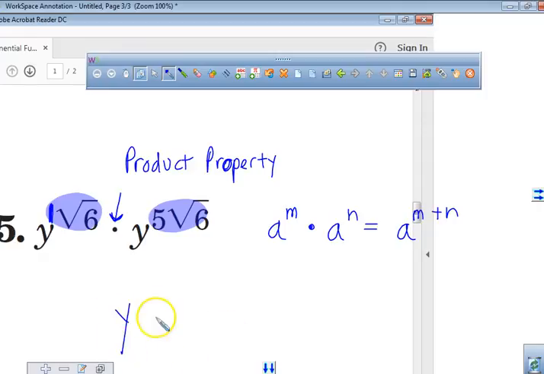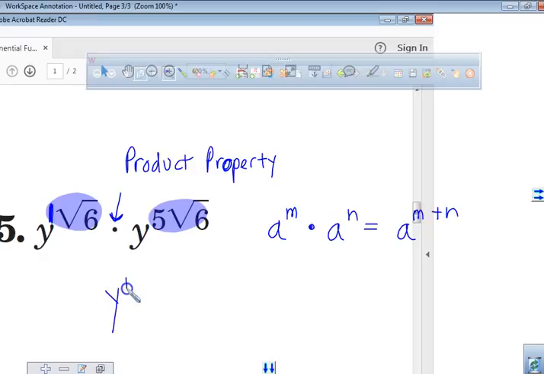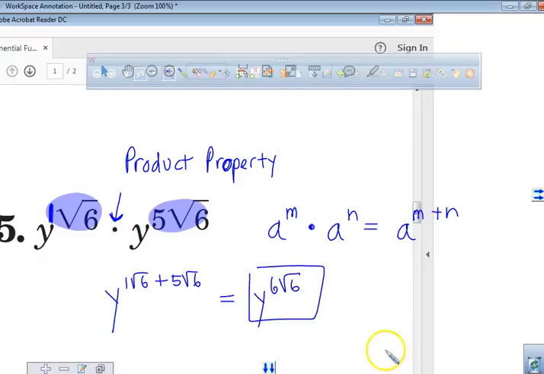So your final answer, everybody, is 6 radical 6. Now if that didn't make sense to you, I'll do it the slow way. Here we go. Here's the slow way. 1 radical 6 plus 5 radical 6 yields us the answer of 6 radical 6. You've got to see it visually. That's what it looks like visually.